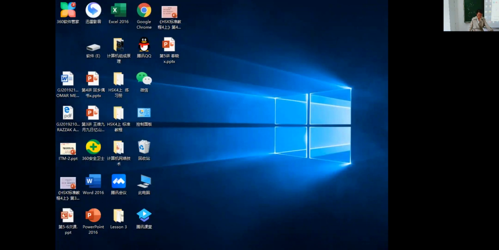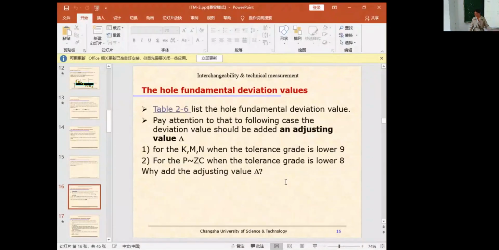This one, is it minus 22 or 32? Plus delta, right? Yes, because this grade is lower than or equal to 7.